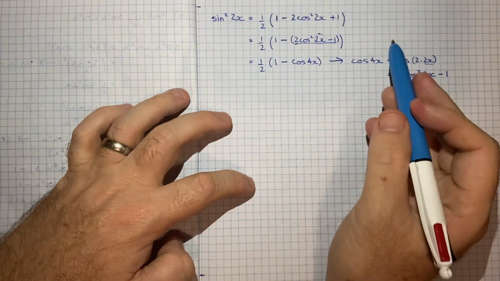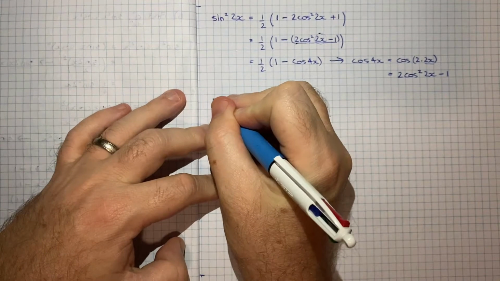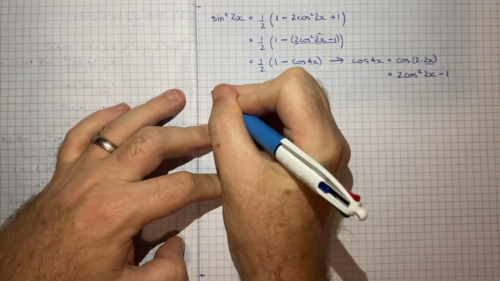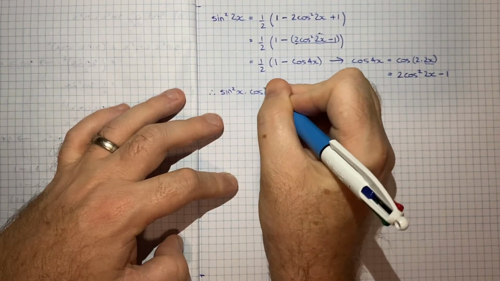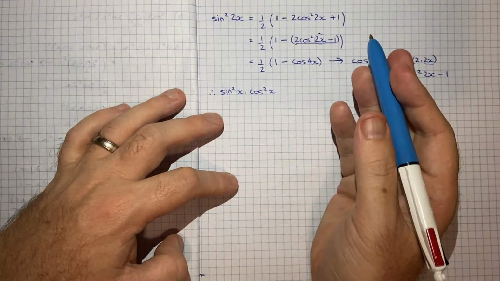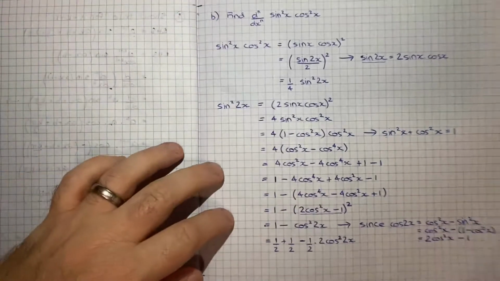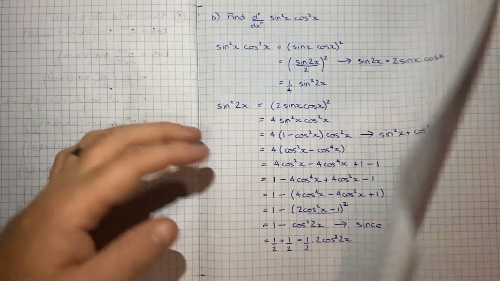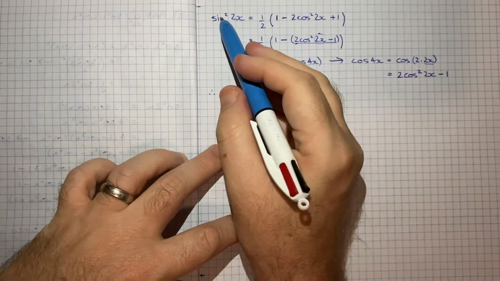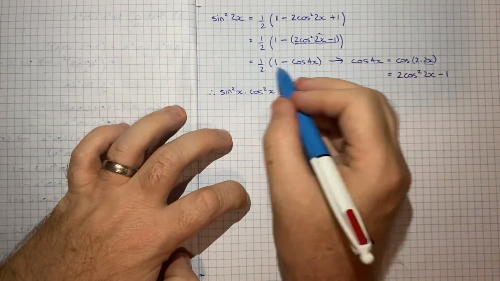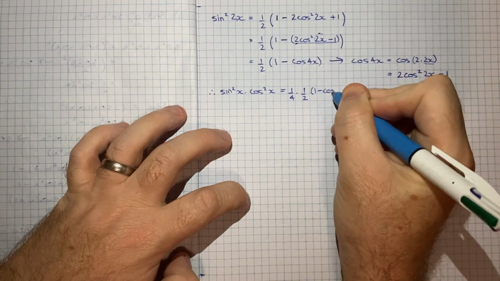Alright, so now what we can do is bring those two side steps together and say, therefore, sine squared x times cos squared x, which is ultimately what we want to differentiate, is equal to, well, we had it as a quarter of sine squared 2x, so it's going to be a quarter times sine squared 2x, which we've just worked out is a half (1 minus cos 4x).